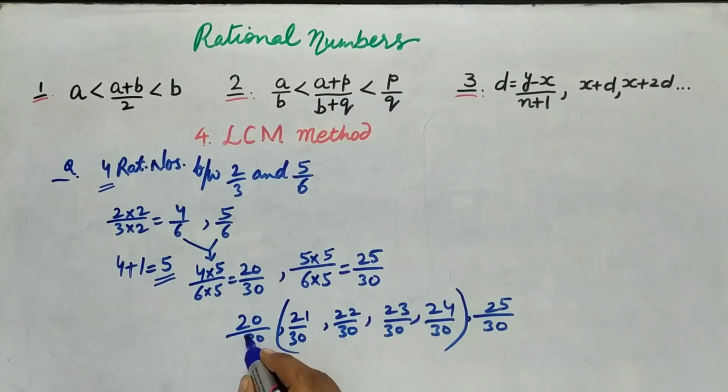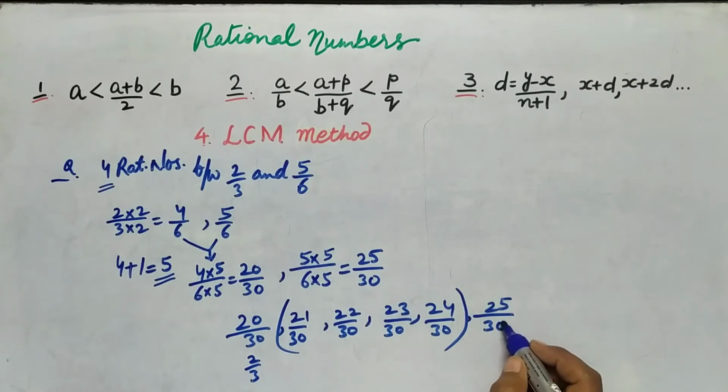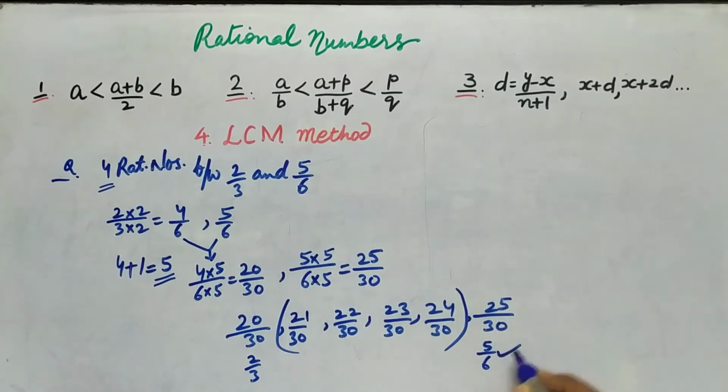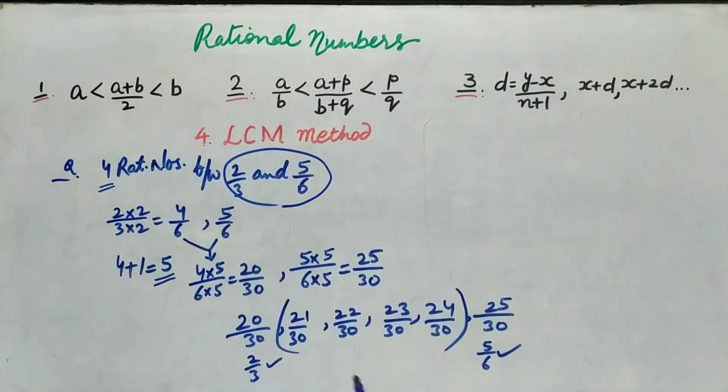And these rational numbers were 2 by 3, where the 0 gets cancelled, and 5 by 6, at the table of 5. It means our question is the same, and we have found four new rational numbers between two given numbers. So these are the four methods to find the rational number between given numbers.